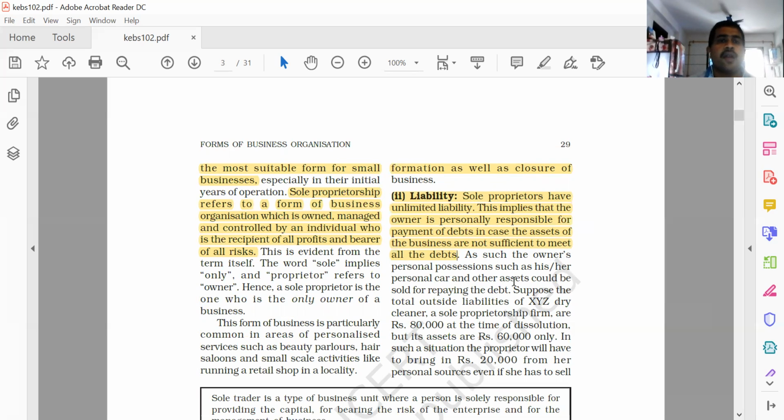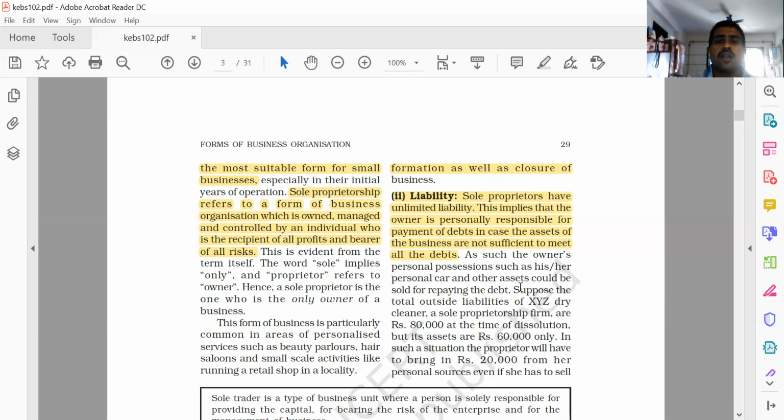Sole proprietors have unlimited liability. This implies that the owner is personally responsible for the payment of debt in case the assets of the business are not sufficient to meet all the debt. As such, the owner's personal possessions, such as his or her personal car and other assets, should be sold for repaying the debt.